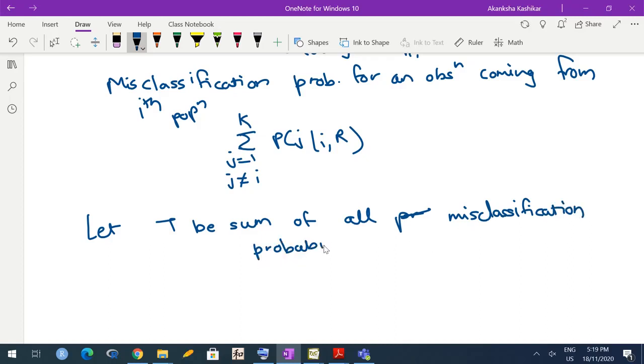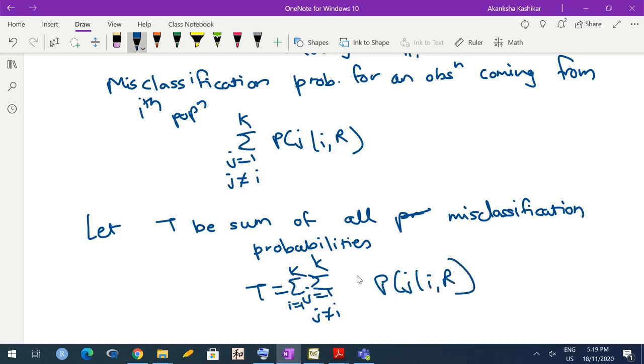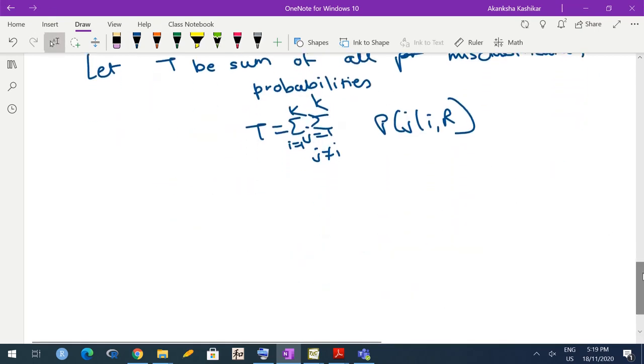Then how would I write T? T would be written as the sum over j going from 1 to k, j not equal to i, and at the same time the sum over i going from 1 to k, of P(j | i, R). So it is the same thing, but now we are taking the sum over observations coming from all the populations, not just the ith population.